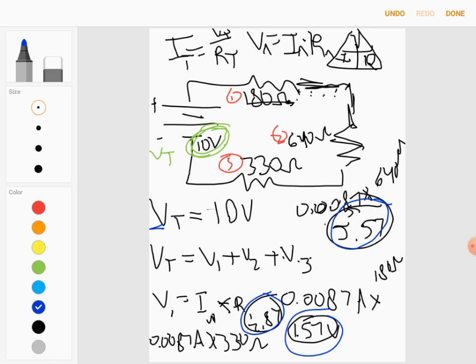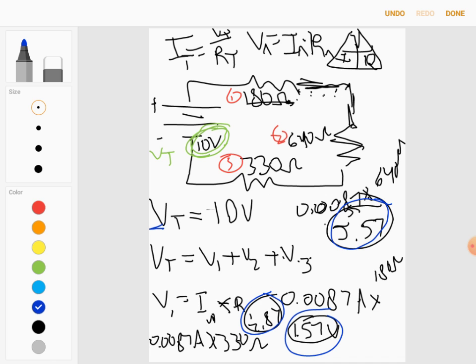And Kirchhoff's current law is that all the current components added together equal the total current. But that's only for the parallel circuit. Remember, for this one, they all equal each other.